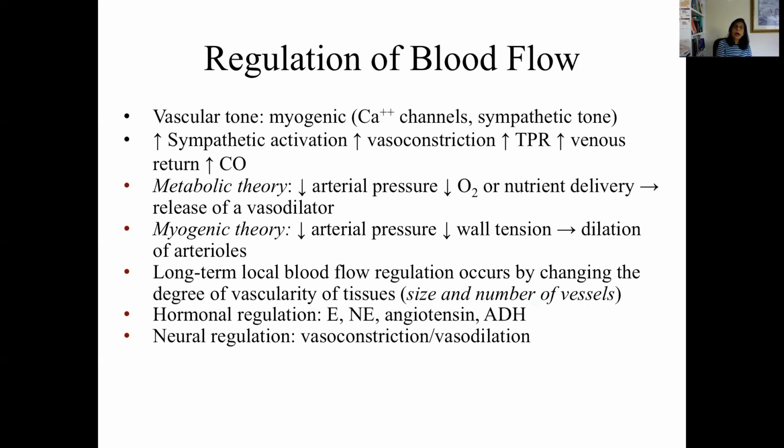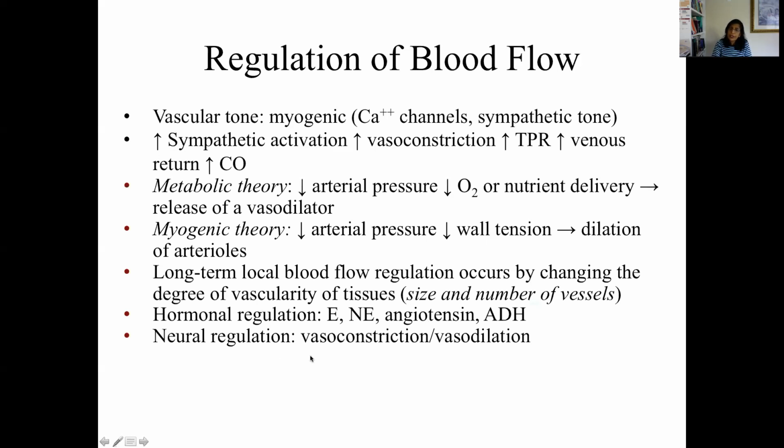Hormonal regulation is where a number of hormones are associated with blood vessel function. That is, flow can be regulated through vasoconstriction. The hormones that cause vasoconstriction are epinephrine, norepinephrine, antidiuretic hormone, and angiotensin, angiotensin 2 to be exact.